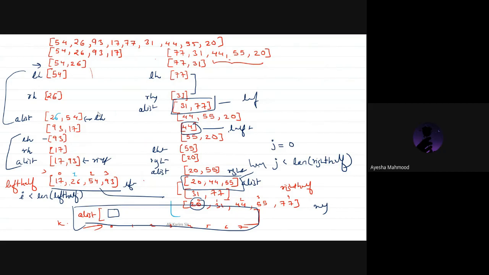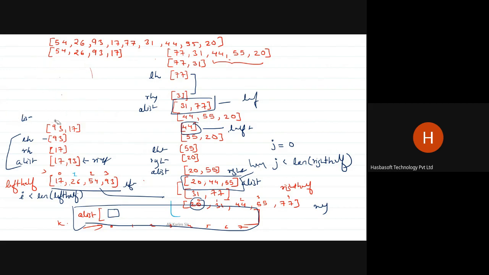Yes, I understood. So the left half and the right half are already sorted. Mhm. So in this case, what we actually did, we took this as 54 and 26, right? From this one, from this one.